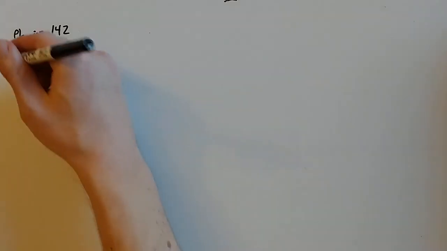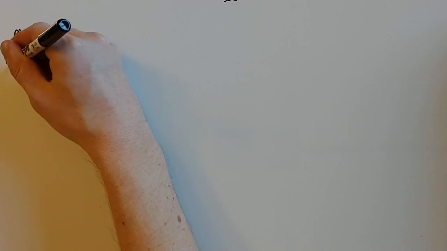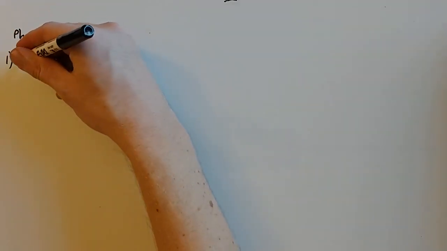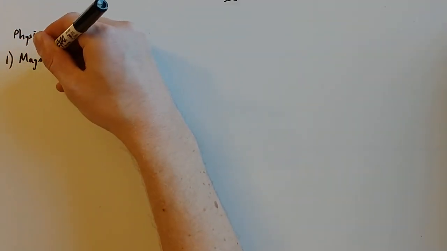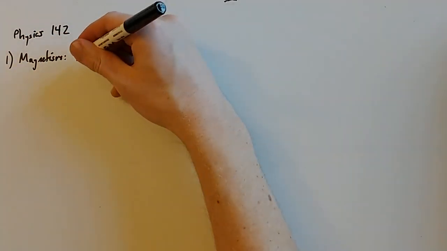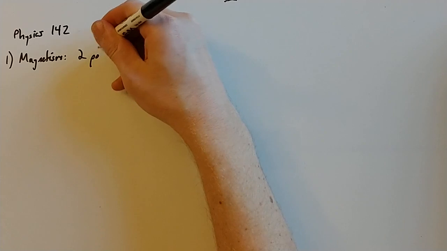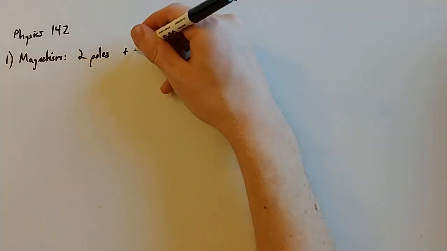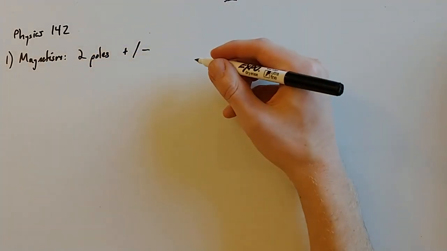Magnets have poles, and they have positive and negative poles, just like in electricity. So we'll put here that in magnetism, we have two poles, positive and negative, all right?